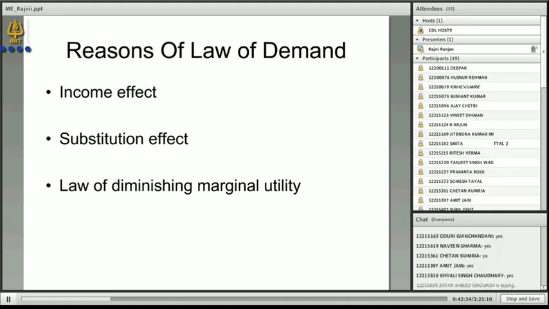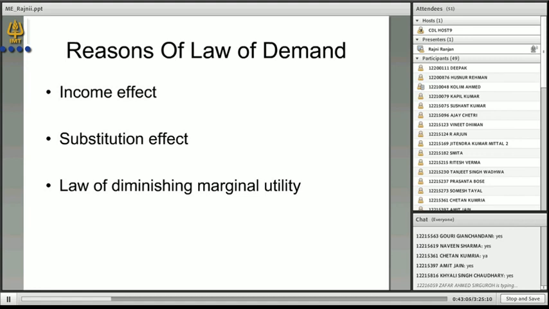Psychologically speaking, we can all understand that this phenomenon can happen, but we need to reason out this law of demand. To reason it out, there are various theories and concepts used. Out of that, I will be taking these three reasons. One is the income effect, another is the substitution effect, and another is the law of diminishing marginal utility.